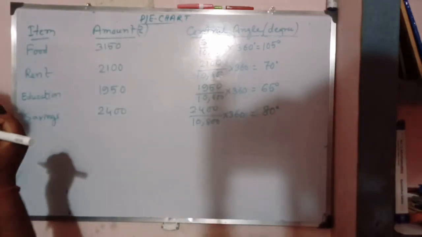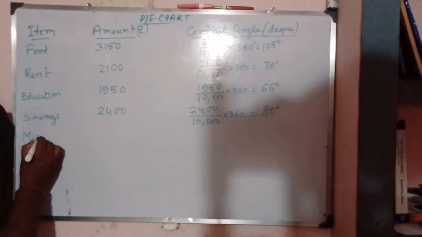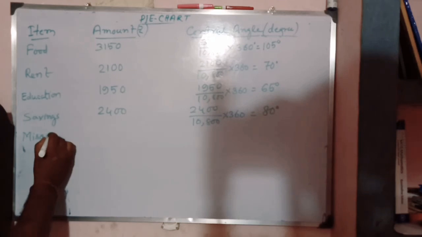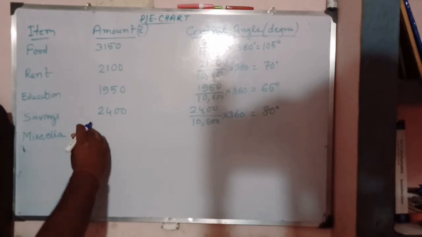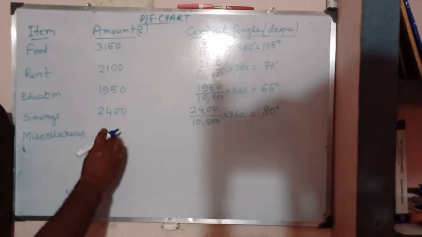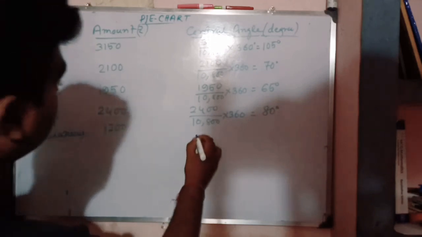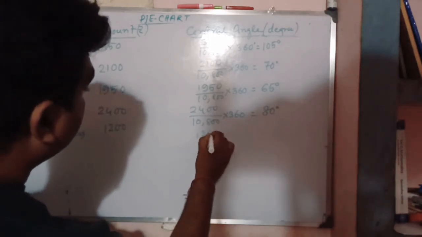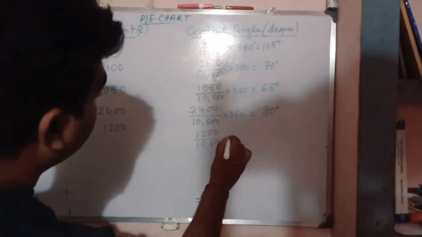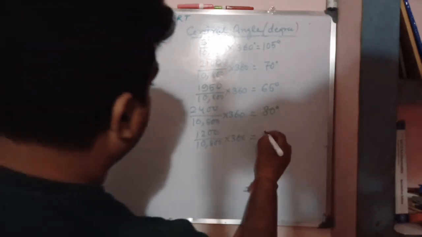Next, miscellaneous 1200 divided by 10800 into 360, that is 40 degree.